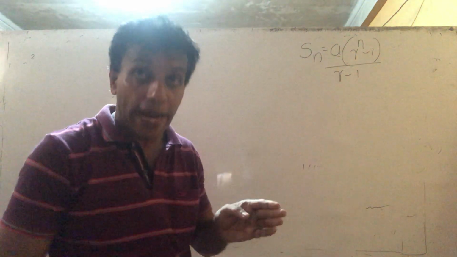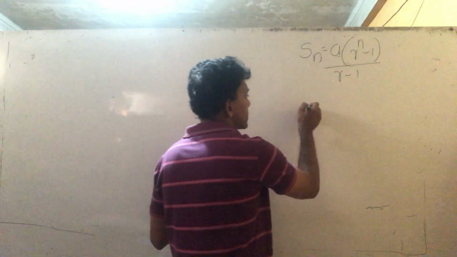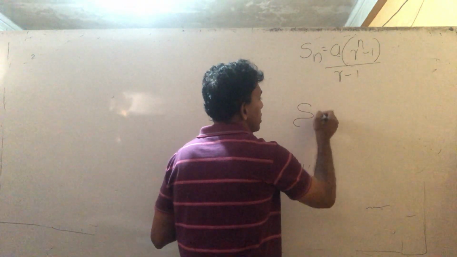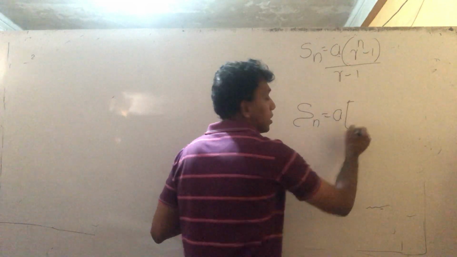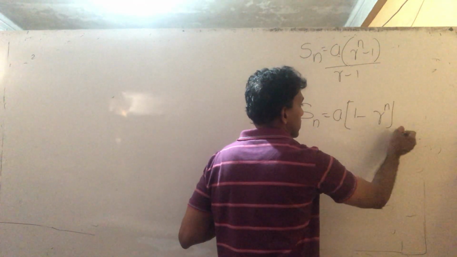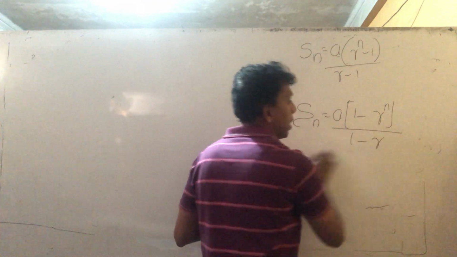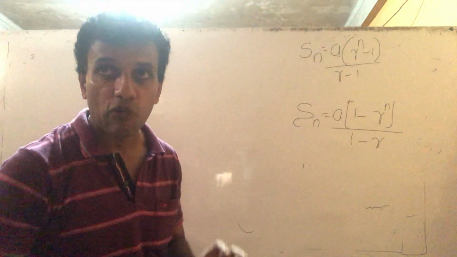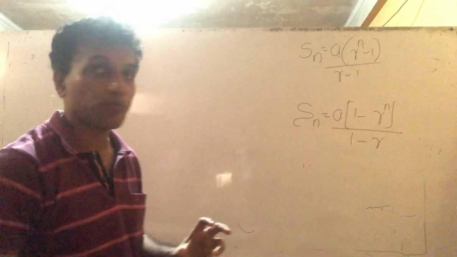Another one we have: Sn equal a times 1 minus r to the power n over 1 minus r. These are the two formulas to apply to GP problems. Copy this.